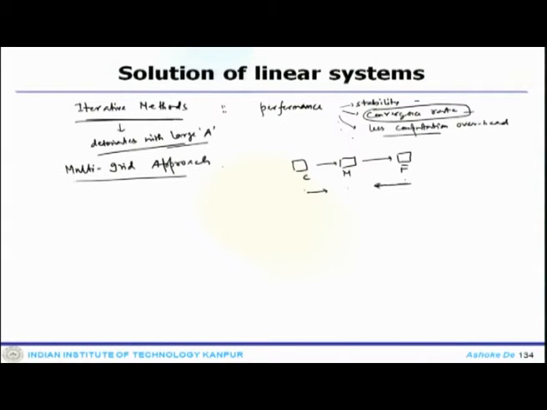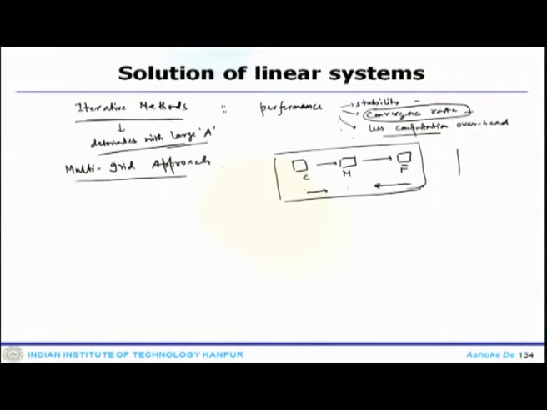That is how you can improve the solution of the overall system at a much faster rate. When you distribute things over different grid levels, get a solution, and then move to the other grid level, the convergence can always be improved.